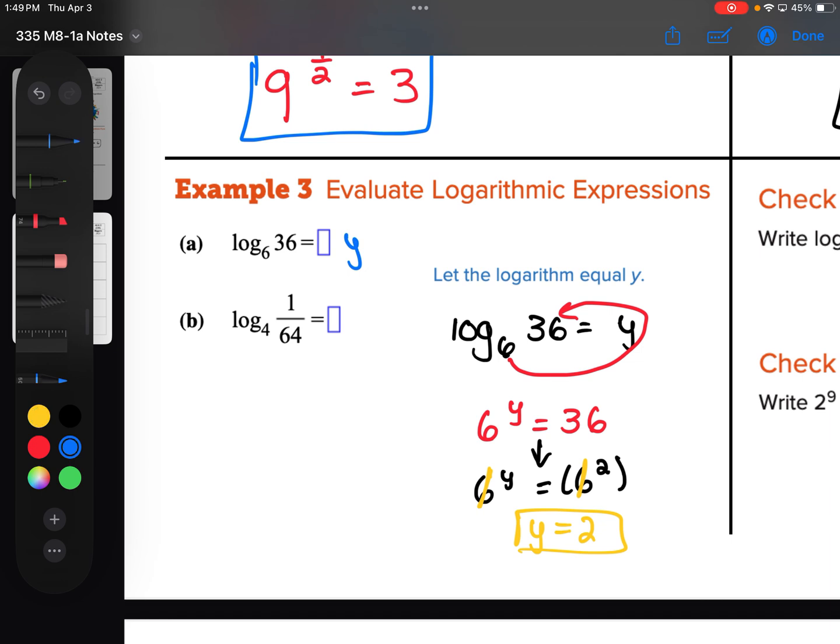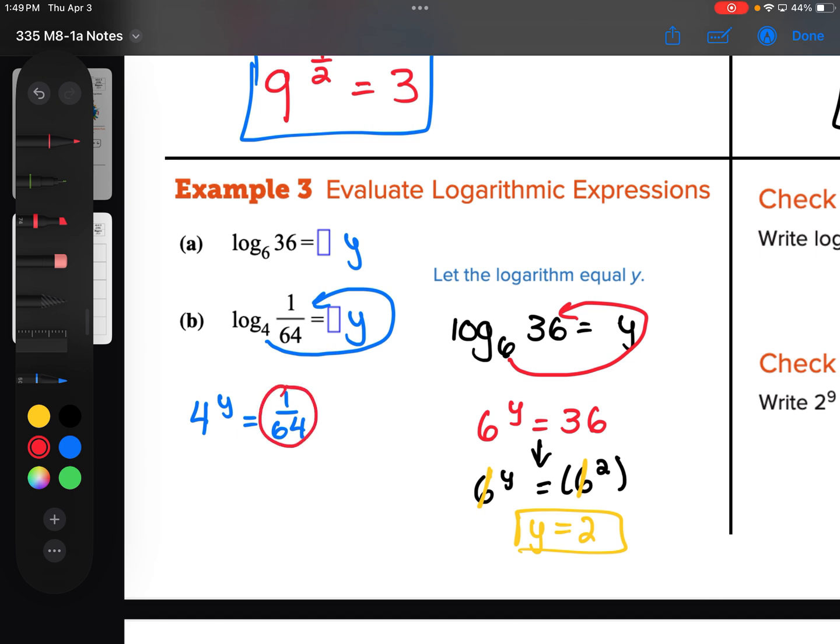The other one has a fraction. So we're going to take it around the world. Remember, I'm going to think of that as a y. So 4 to the y power is 1 over 64. I'm thinking here, what would make this 1 over 64?